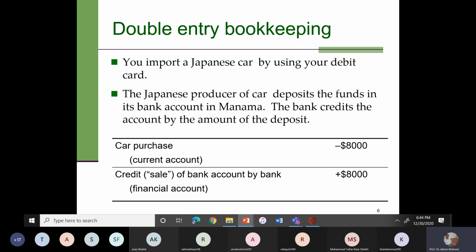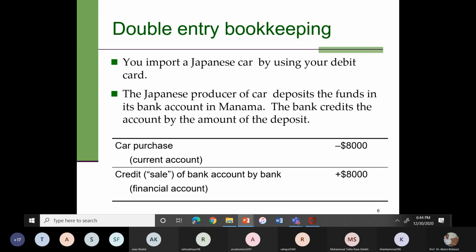a debit transaction. Now double entry, so the car purchase would be a part of the current account, and suppose the price of the car is 8,000, then you have to make payment of 8,000 US dollars.